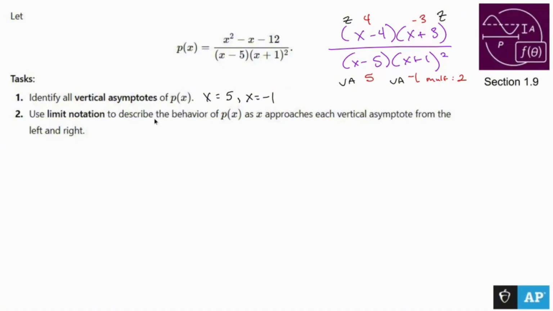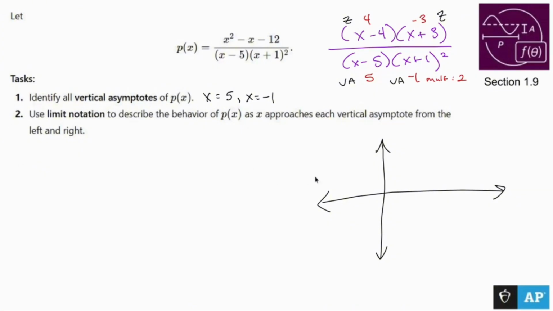Use limit notation to describe the behavior of P of x as x approaches each vertical asymptote from the left and right. So I need to draw this out to the best of my ability. What numbers do I have? 4, -5, -3, 5, and -1. So I really need a lot of space over here.